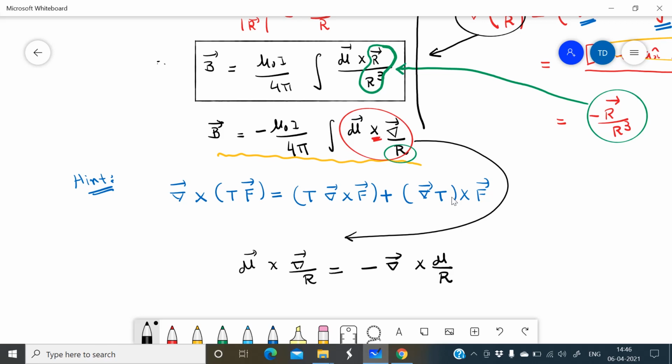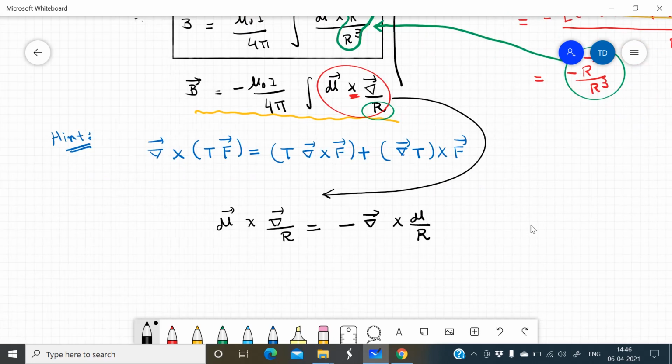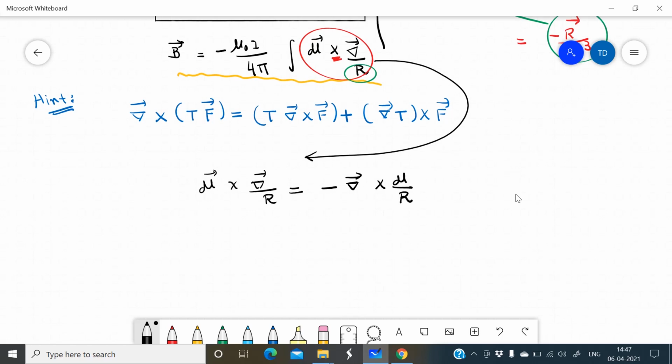You may write it this way. Modifying this equation, vector B, with the minus minus terms cancelling out, is equal to del cross the integration of mu 0 I dl by 4 pi r.